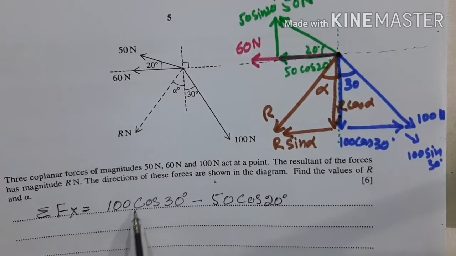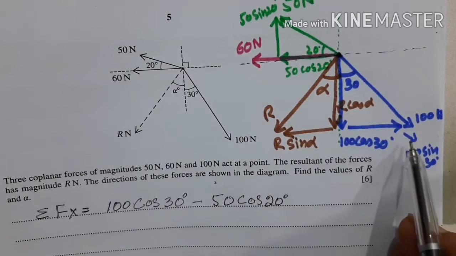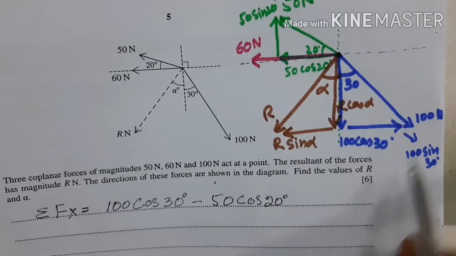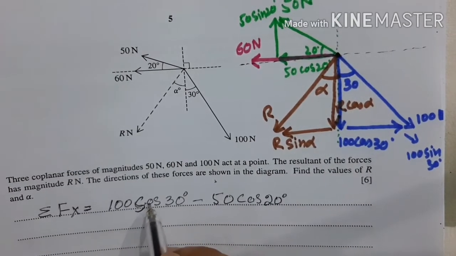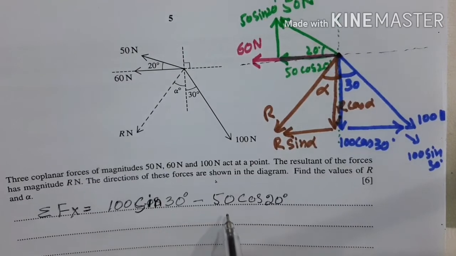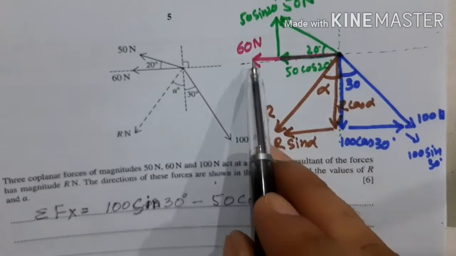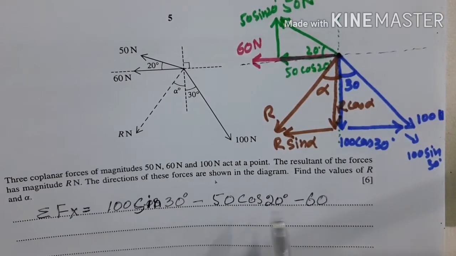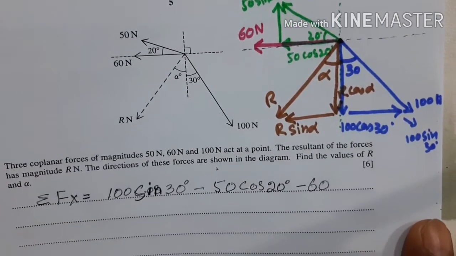Sorry, this is 100 sine 30, this is the horizontal component, this is actually the vertical component. So this is horizontal, this is 100 sine 30 minus 50 cos 20 minus 60. So this is the sum of horizontal forces.